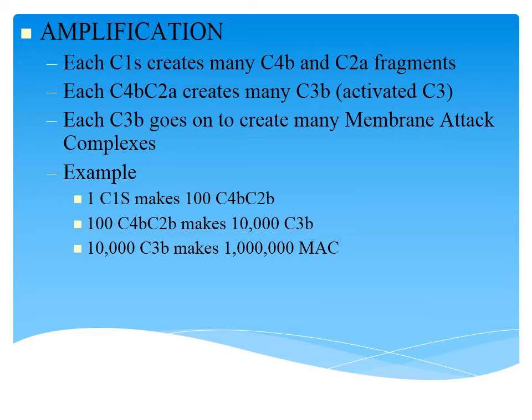As you can see, there is a tremendous geometric or exponential rise of the complement factors, just like the coagulation cascade, and this is the amplification phase of the complement activation pathway.